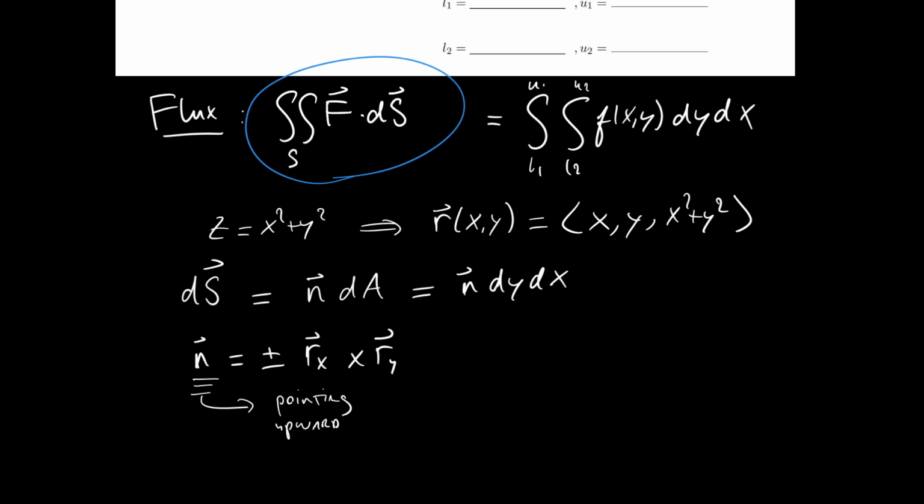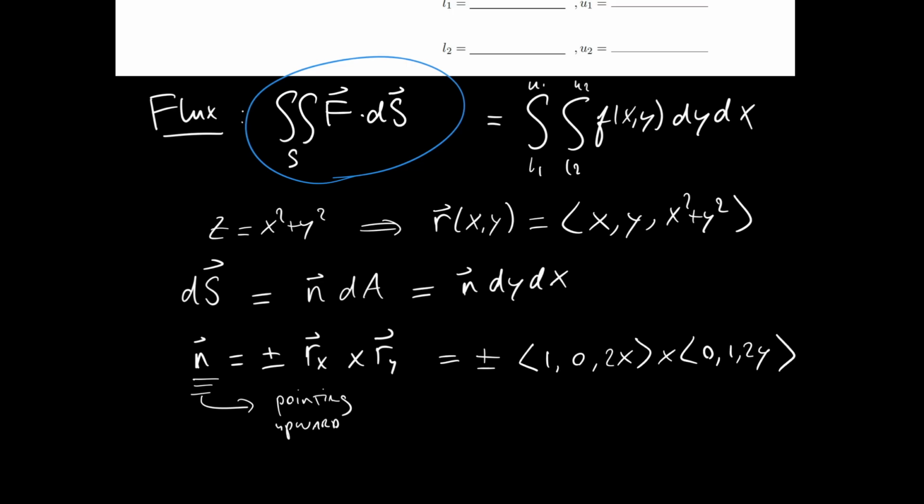All right, so let's try to calculate that. The partial derivative r_x with respect to x is going to be (1, 0, 2x), and the partial derivative with respect to y is going to be (0, 1, 2y).